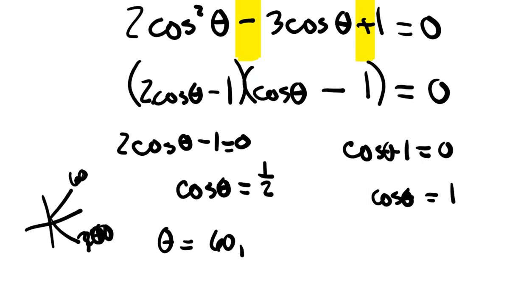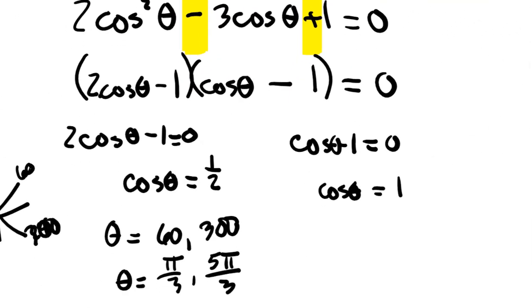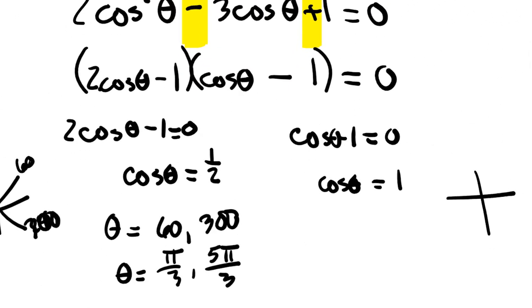So 60 and 300, which are also pi over 3 and 5 pi over 3. Now where cosine is 1, that's on my x-axis, so 1 would be right there. Be really careful here. Theta is just going to be 0. That's theta in degrees, and theta in radians would just be the same thing, 0. You don't have to put a pi next to it, and that's it.